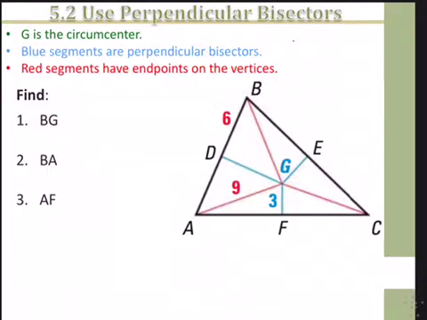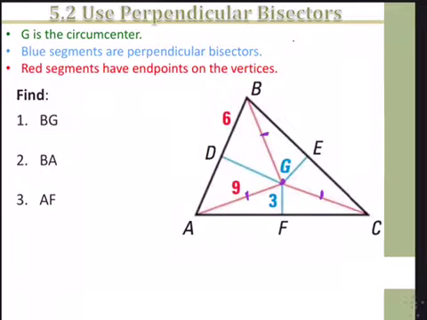So let's start off with the fact that the red segments are segments that go from the circumcenter, the big deal here in the middle, G, to the vertices of the triangle. So that means that they're all going to be congruent to each other. We have that going on for us so far.